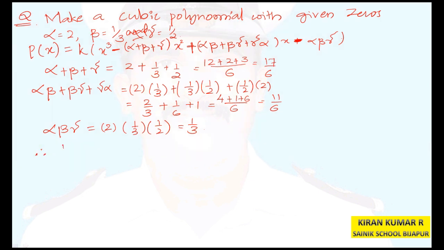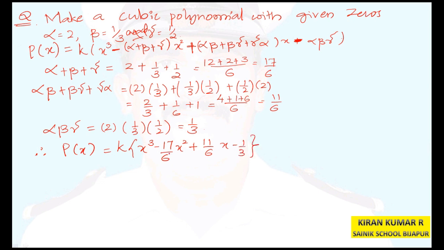Therefore, the required cubic polynomial is k times x cube minus 17 upon 6 x square plus 11 upon 6 x minus 1 by 3.